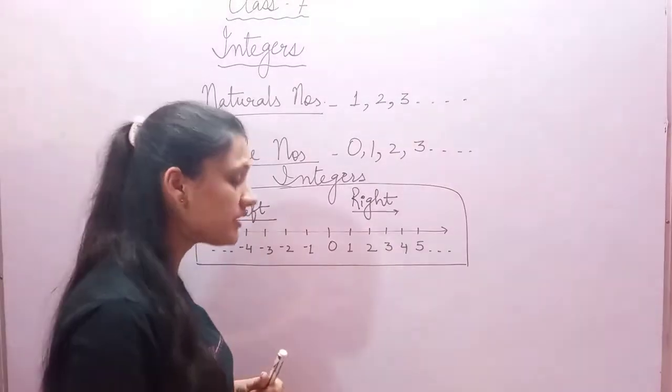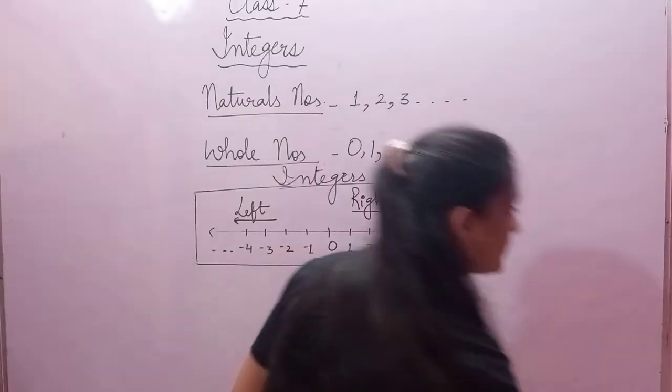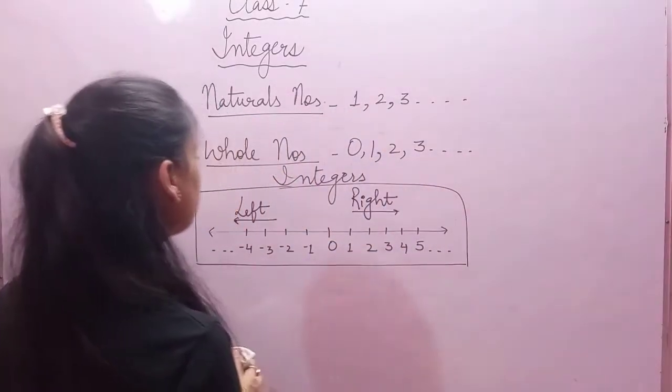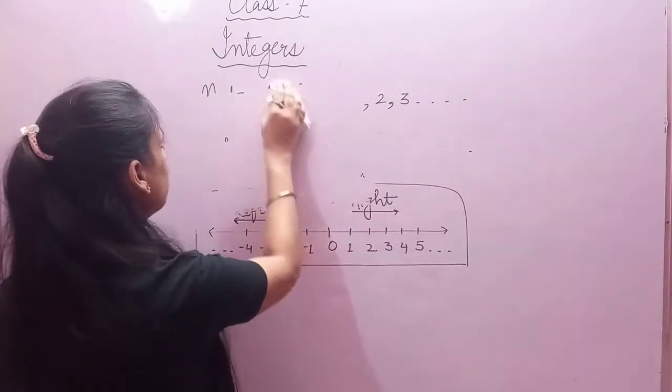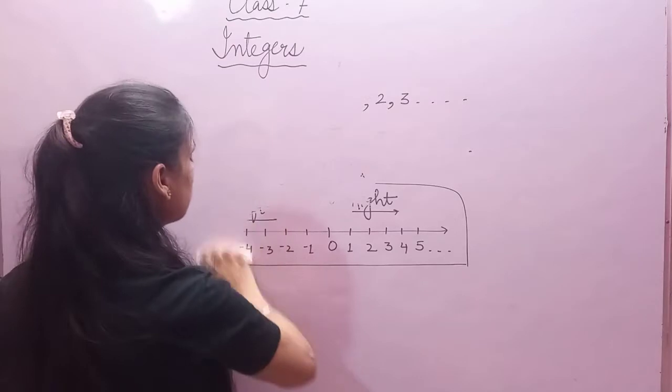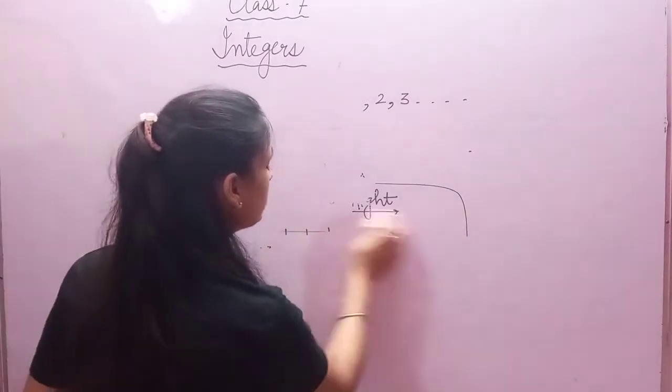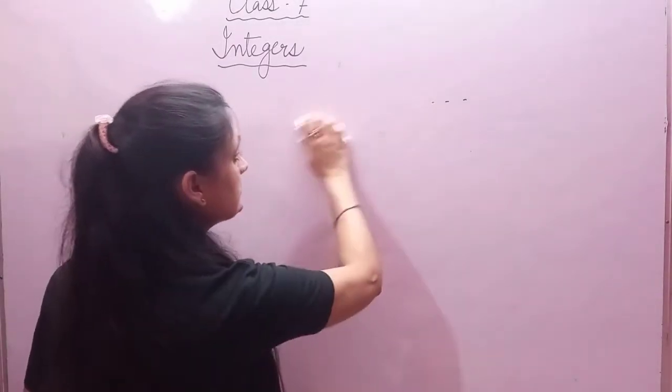So let us start. Let us understand some of the properties, how we add, subtract, multiply and divide integers. Here the most important thing is to take care of sign.